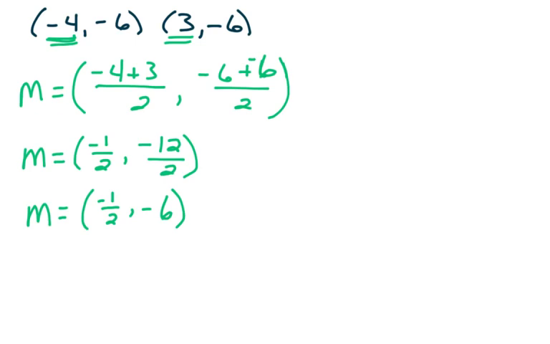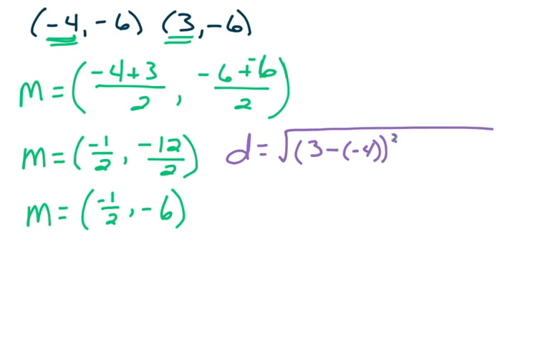Okay. Now we find our distance. I'll start that right in here. Distance is equal to the square root of. Again, make sure that you are putting in the correct values, x's with x's, y's with y's. And here it's subtracting inside your parentheses. So it's 3 minus the -4, and I'm squaring that. Plus -6 minus a -6, squared.